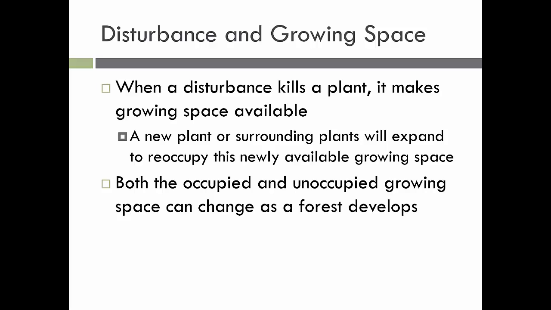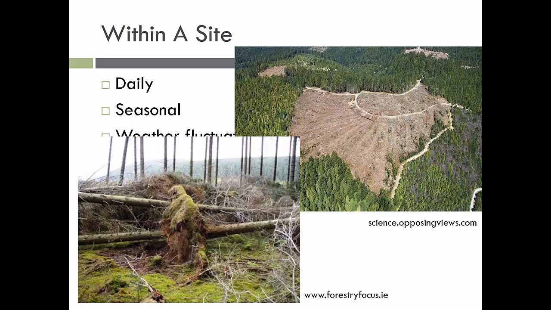So when we have this very intense disturbance, if we go back to that example of that very intense clear cut where there might have been erosion, the growing space may be severely limited by the amount of nutrients on the site. So it may be a very limited amount of growing space.